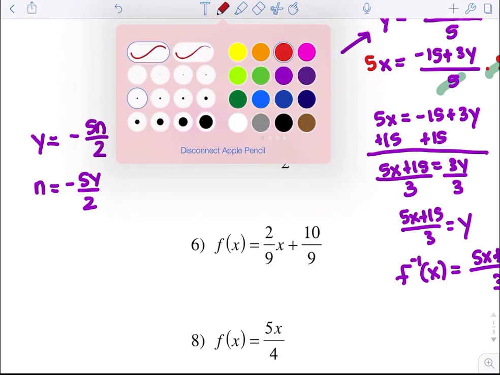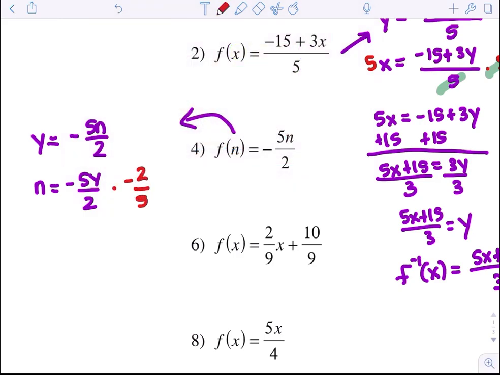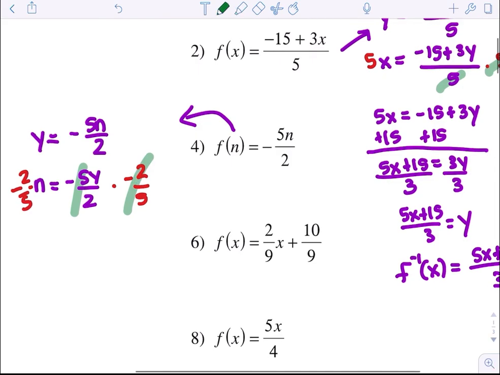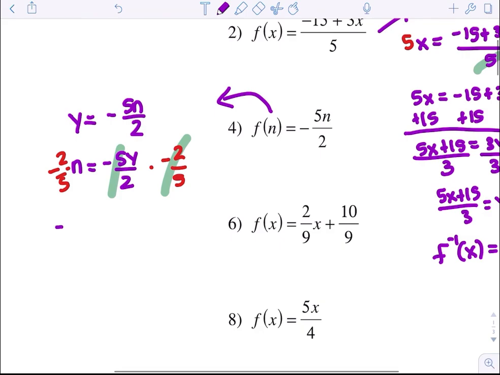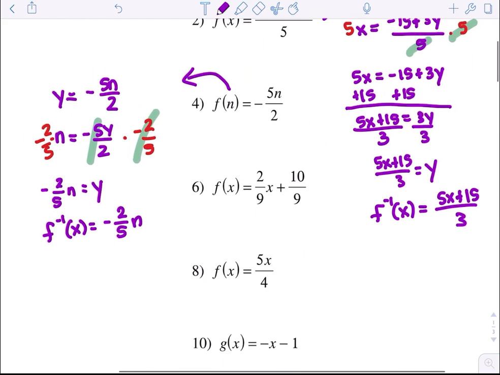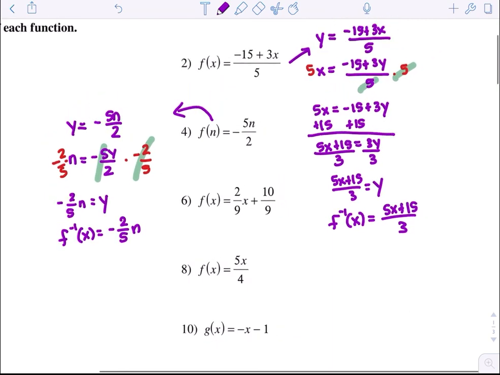So we're going to multiply by the reciprocal. The fractions cancel. So you guys are just left with negative 2 over 5n is equal to y. Then change y to be f inverse of x, which is equal to negative 2 over 5n. So that's number 4.